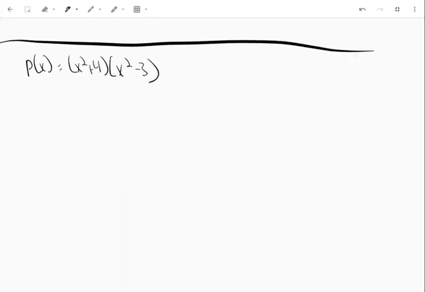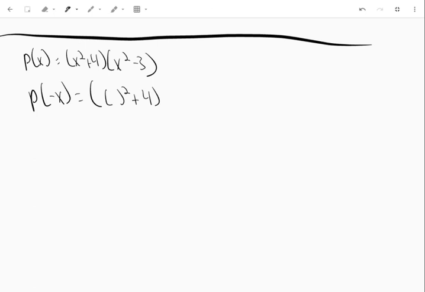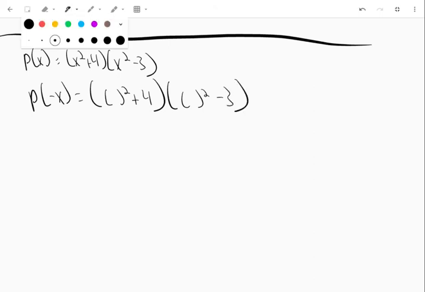Okay. Last one, p of x. So let's do p of negative x. Okay.